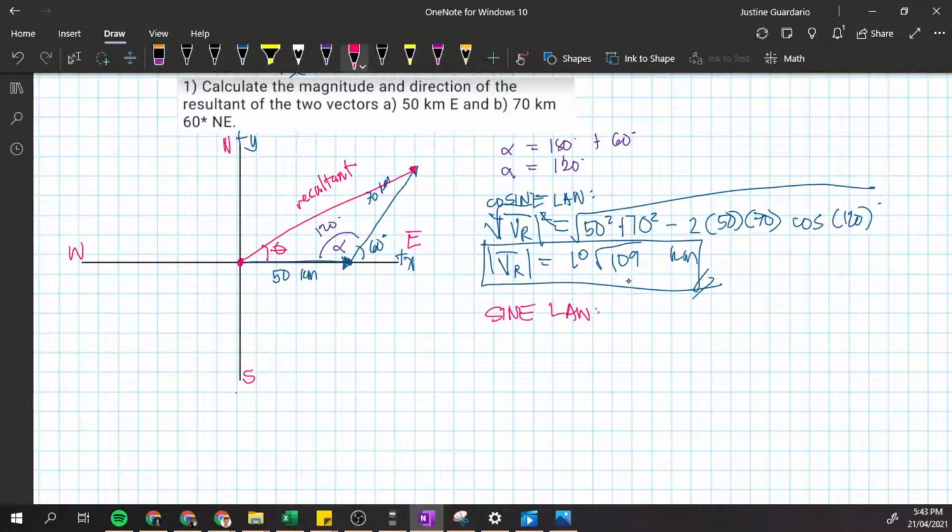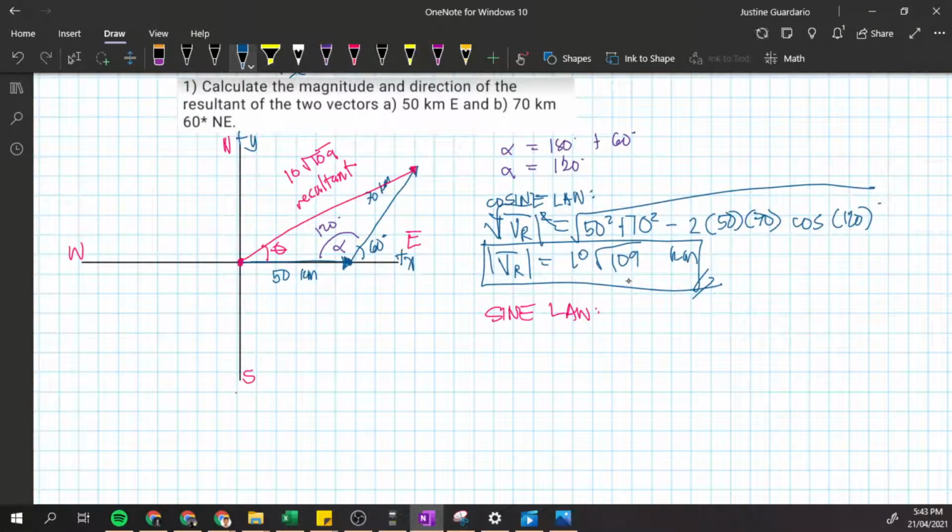Okay? Itong 120, itong resultant, ang length nito ay 10 square root ng 109 kilometers. Si theta na lang hinahanap natin. Ang katapat nito is equal to 70 kilometers, di ba? Therefore, according to sine law, gamitin natin yon.